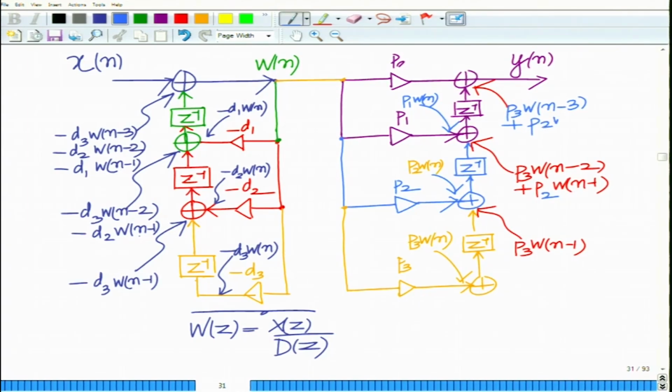So, plus P2 W n minus 2 plus P1 W n minus 1, okay.